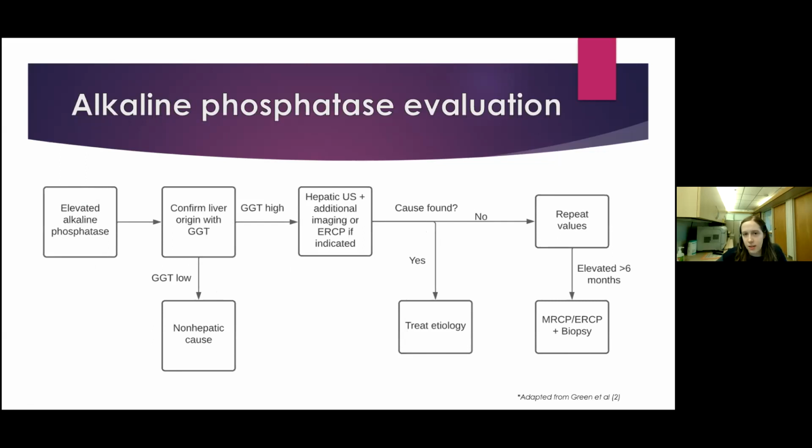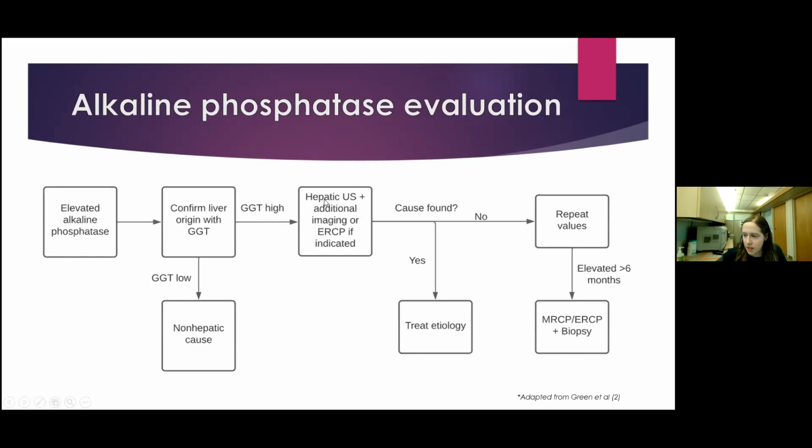You can also look to see if they have other elevations in their liver chemistries or other abnormalities to give you a clue. But if the GGT is low, we're thinking non-hepatic cause. If it's elevated, we're moving on to our next step in evaluation, which is really looking for a cholestatic or infiltrative liver disease. So here you'd be getting your hepatic ultrasound and really thinking about if you need any additional imaging of the biliary tree.